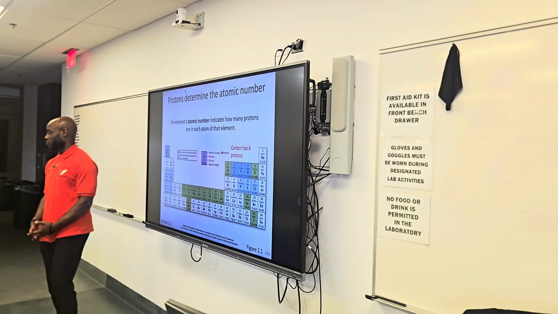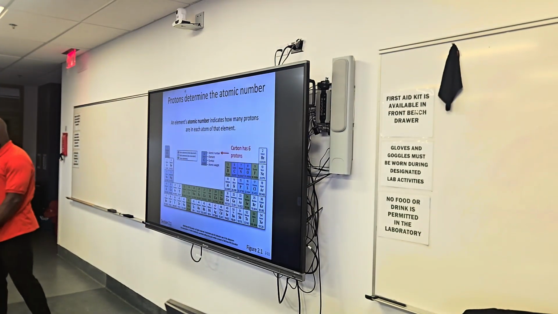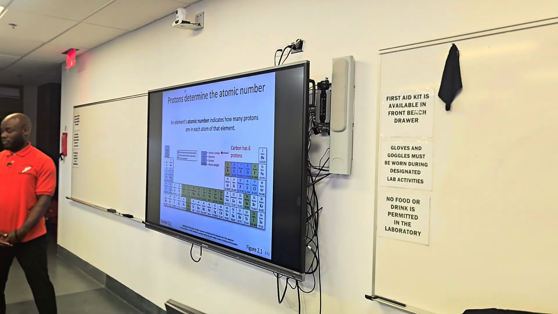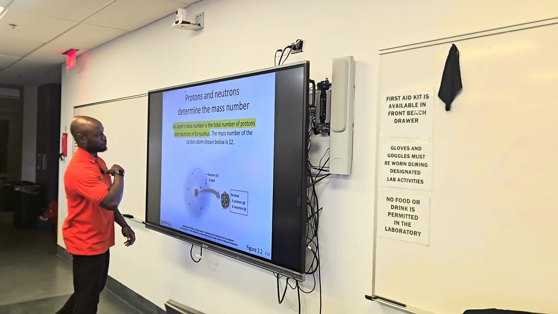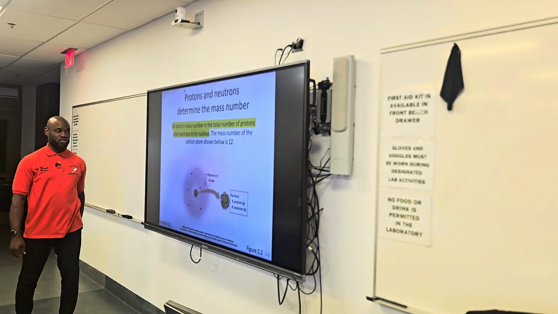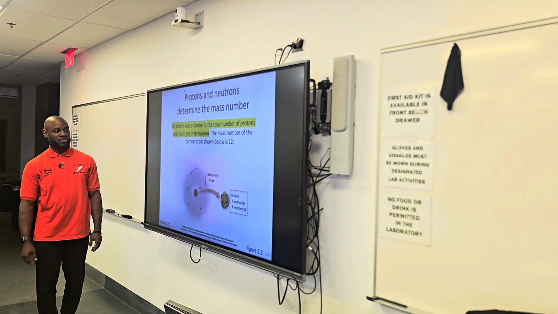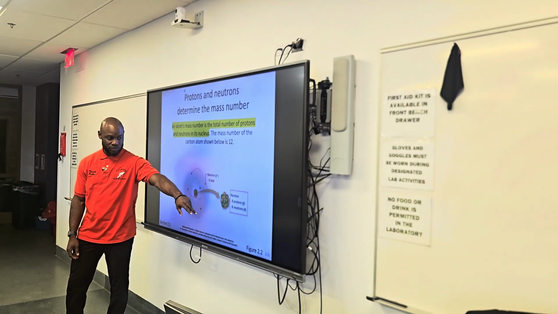That means it has 6 protons. It also has 6 electrons. Its atomic weight is 12, which means it has 6 neutrons as well, and that's what gives it its atomic weight. Generally, yes, in its most stable form.